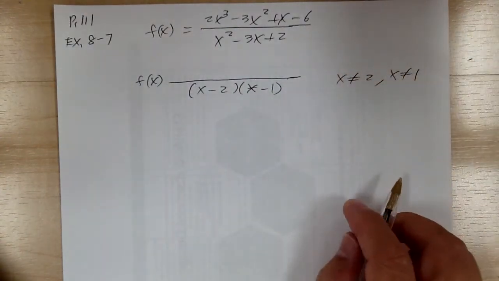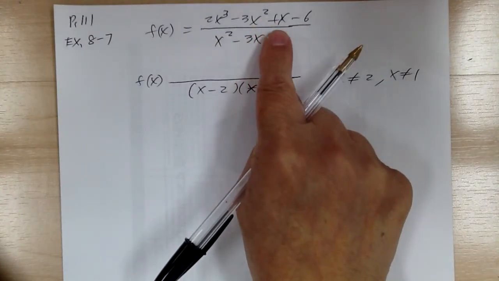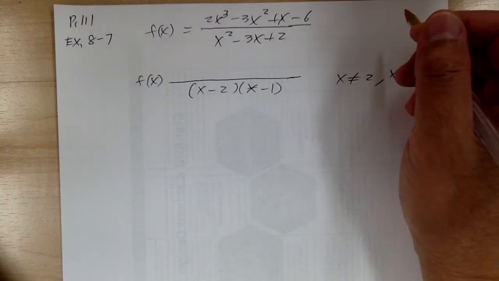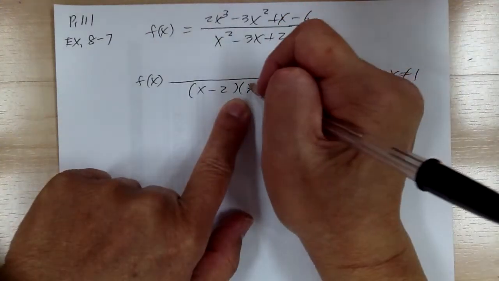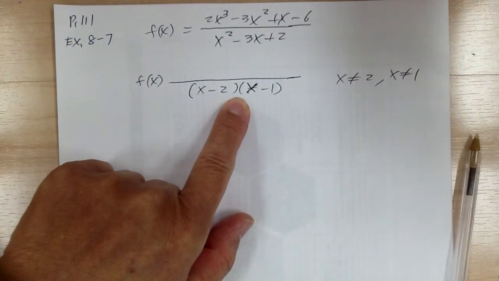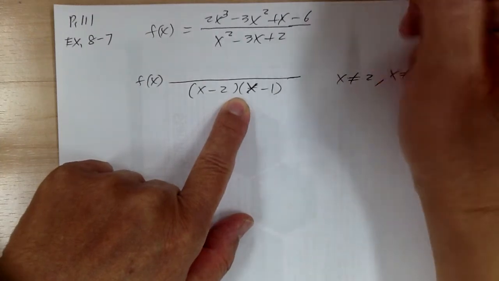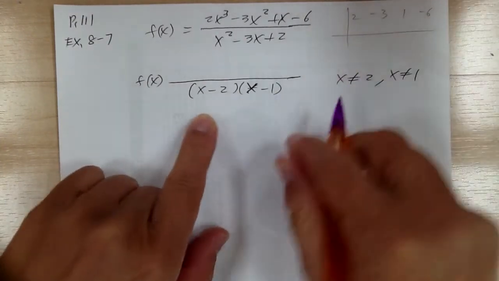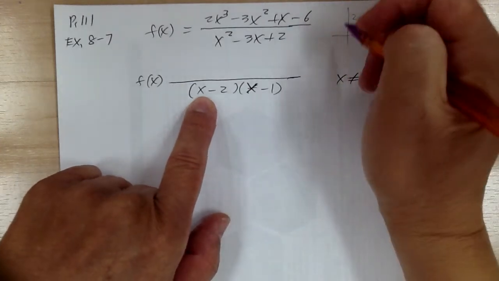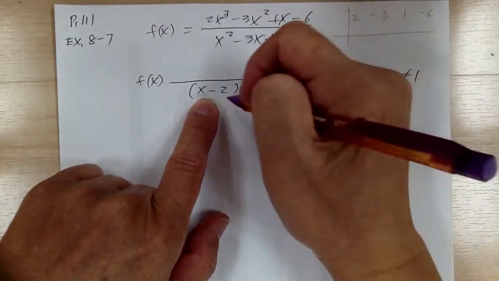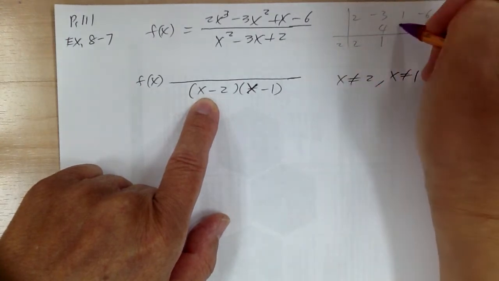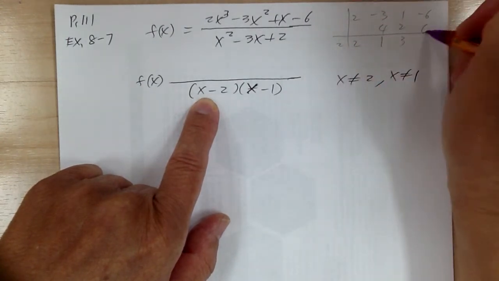Now over here, when you're doing the factoring, usually the bottom will give you a clue. So if you try synthetic division, you've got 2, negative 3, 1, negative 6. Since 2 is one of them, let's try this factor. So again, you have to take the opposite. You drop, multiply, add, multiply, add, multiply, add.